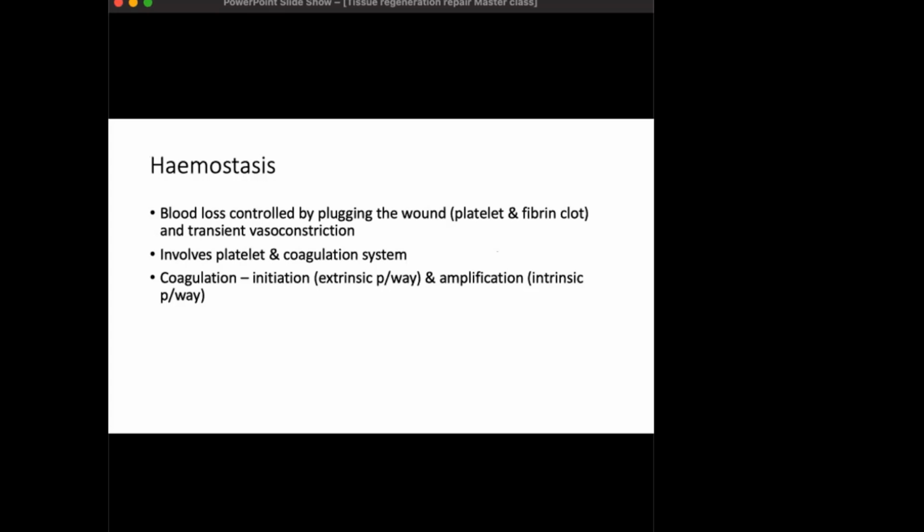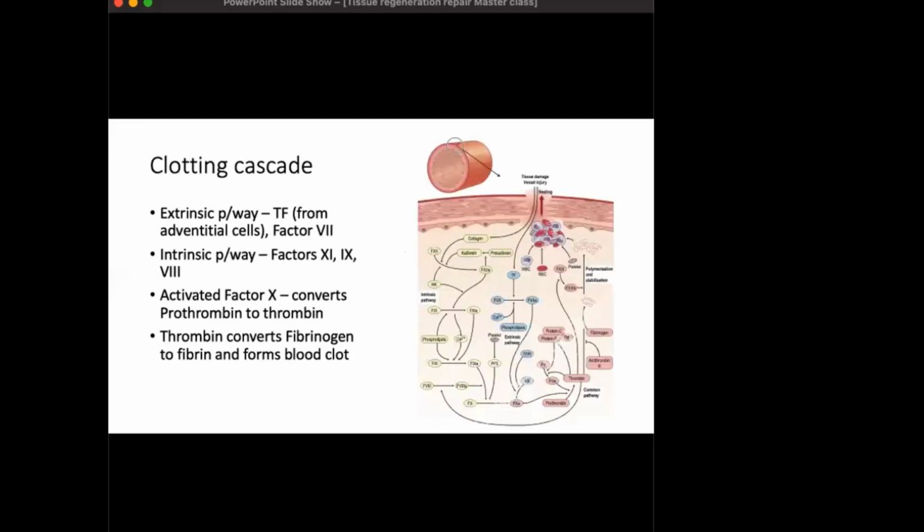Hemostasis, once there's an injury, you're going to have some blood loss, so your body will react by trying to control the blood with a transient vasoconstriction and then form a plug to prevent further blood loss, and this is in the form of platelet and fibrin clot. It involves the platelet and coagulation system. I'm sure you know, or you can read about the pathways of coagulation, the intrinsic and extrinsic pathways.